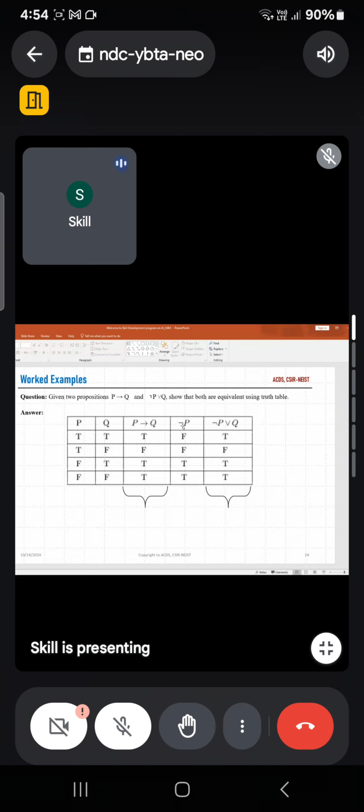Then we will write the negation of P; we just write the opposite of P here: false, false, true, true.